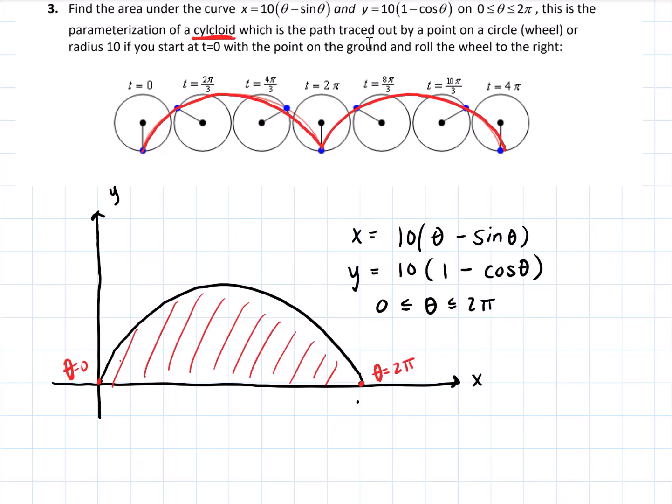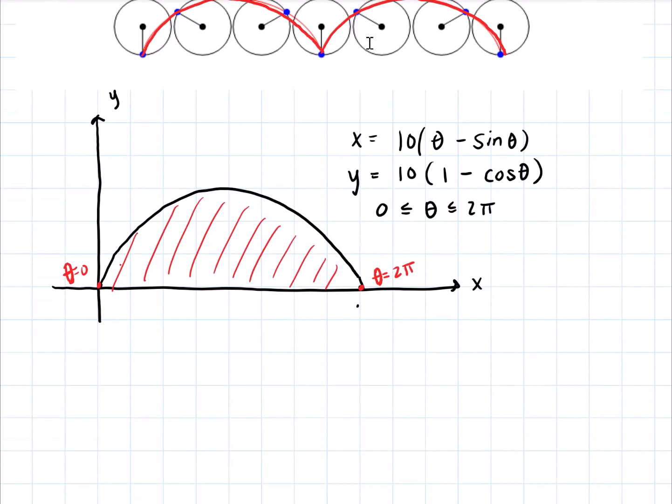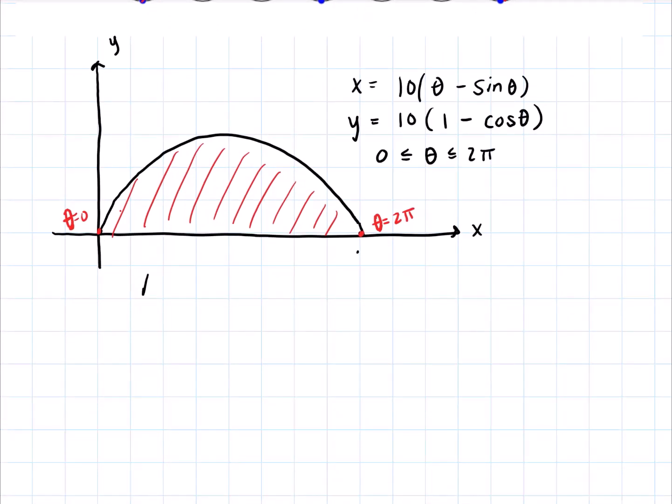So if I want that area, let's just suppose that had been an explicitly defined function. Well, if it had been defined explicitly, that area would be the integral from x equals a to x equals b of y dx.